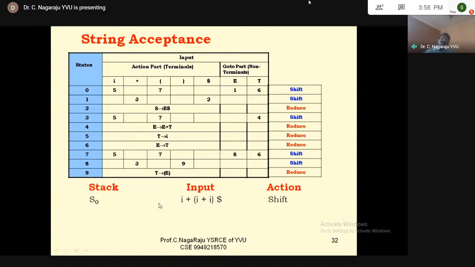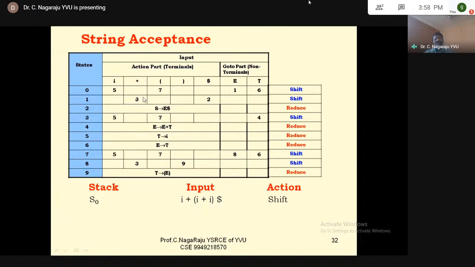So the first thing, you see, suppose the stack has state 0 and the input symbol is I. So on state 0, on input I, it moves from state 0 to state 5.